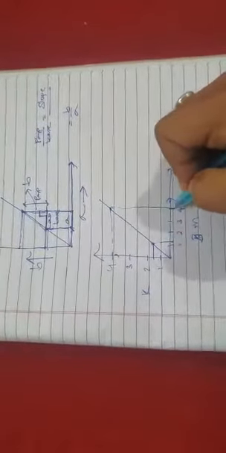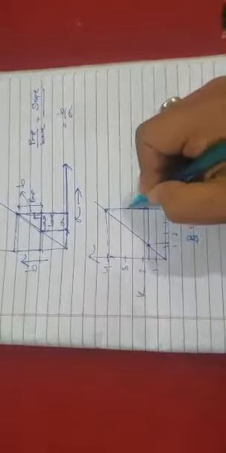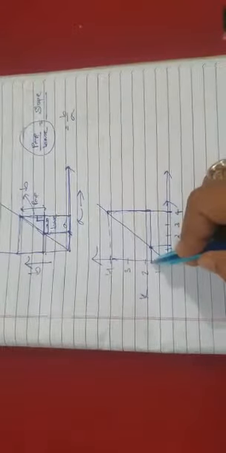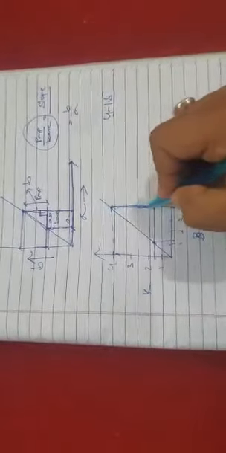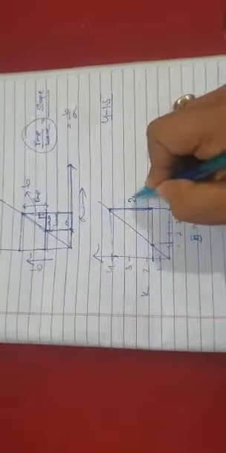If you want to take it out, you join this point, then you get something here, and you join this point to this, you get something. Now if you draw this, what will be the value of this perpendicular? Slope is perpendicular by the base, so this point is 1.5 and this is 4, so it will be 4 minus 1.5, that is 2.5.